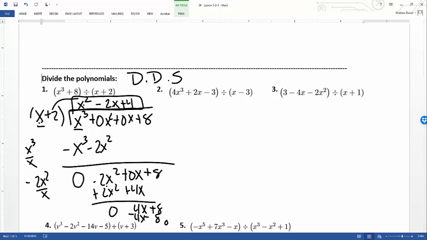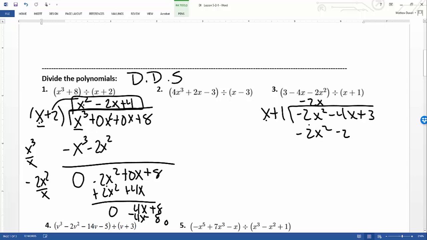Now on number 3, if you get it out of order, just write it in order. So this will be x plus 1, negative 2x squared minus 4x plus 3. So divide, distribute, subtract. Remember, subtract just means change the signs.